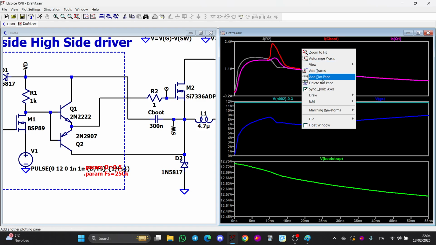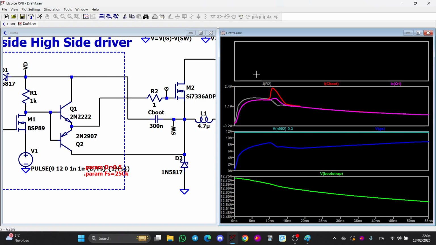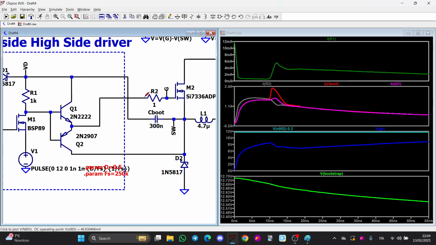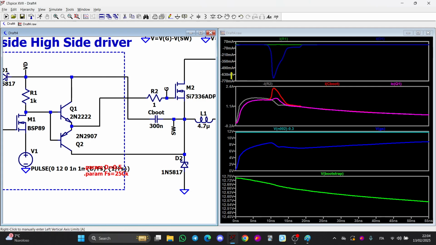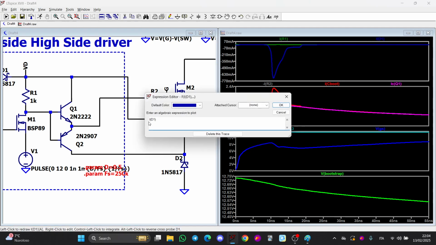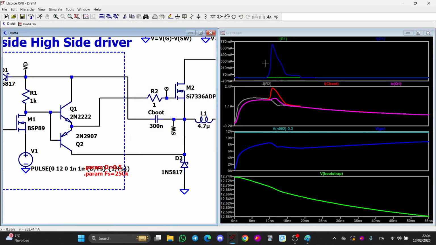It is going, some of this current is going even in the parasitic capacitor, so we can't see that. Because as you can see here, we have just milliamps. Okay? And here, we have nothing.